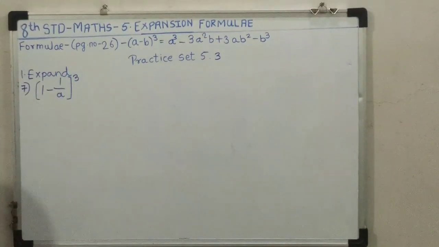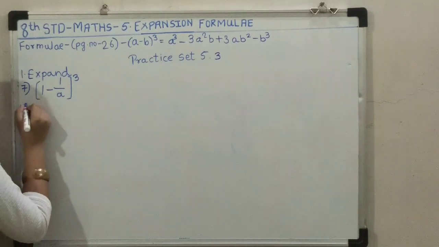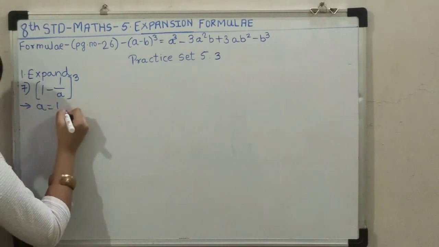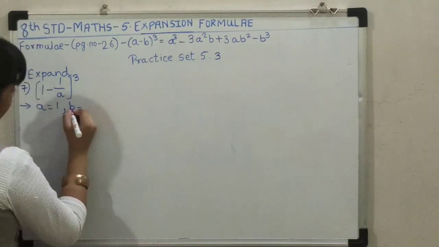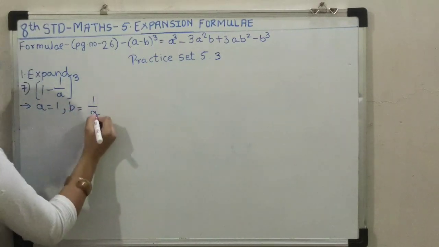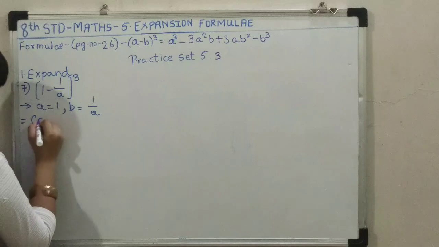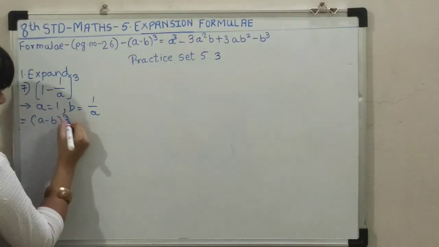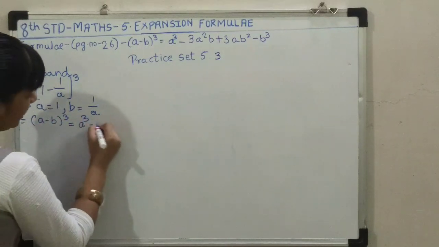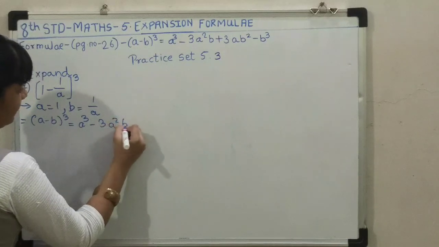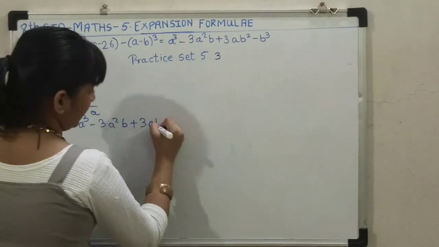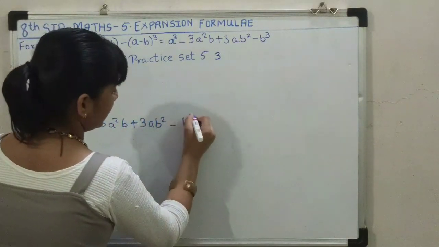Now the 7th sum is (1 - 1/a)³. So here we'll expand it. a will be 1 and b will be 1/a. So the formula is (a - b)³ = a³ - 3a²b + 3ab² - b³.